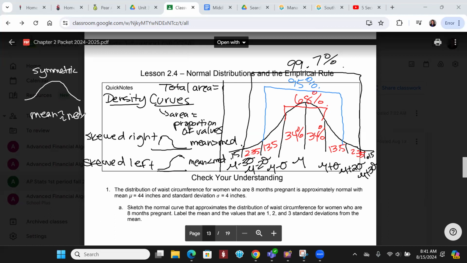Again, that's a review. Do you remember this curve? It's going to be really helpful if you know that.